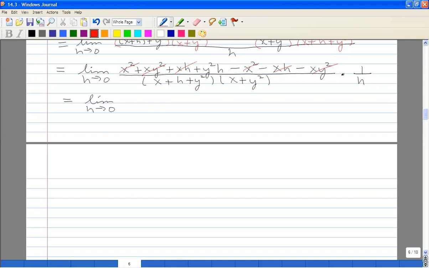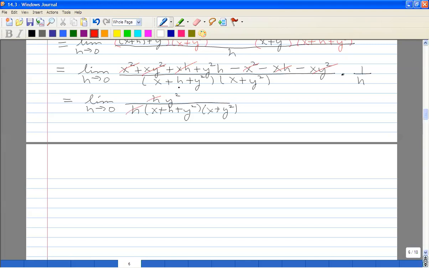Wow, so almost everything cancels. So this is equal to h y squared over h, x plus h plus y squared, x plus y squared. And the h's cancel.